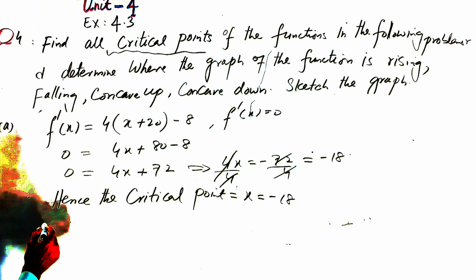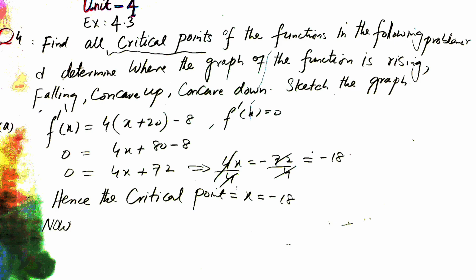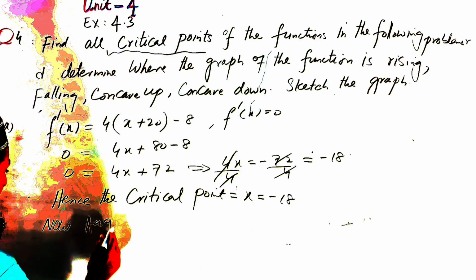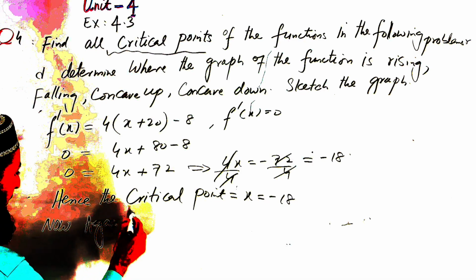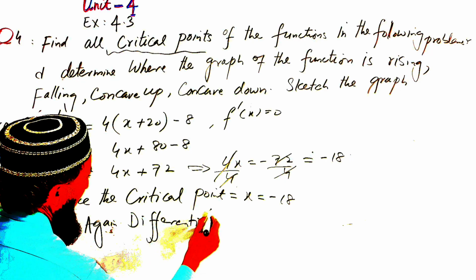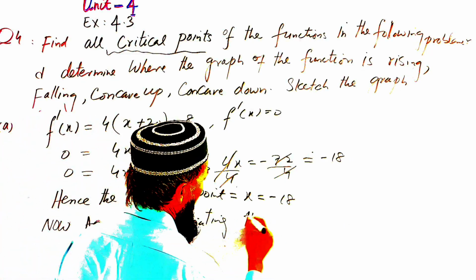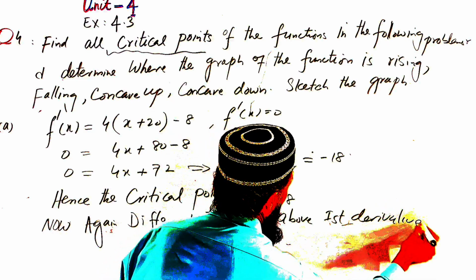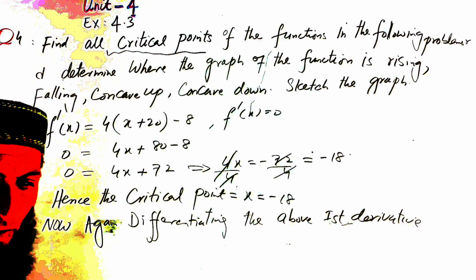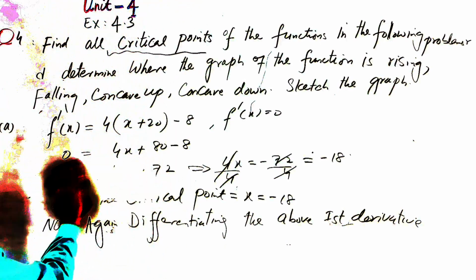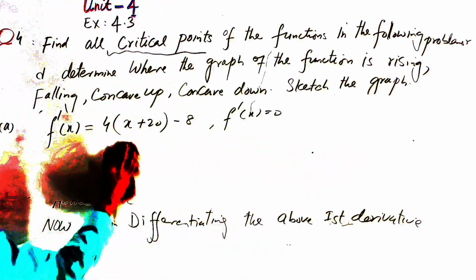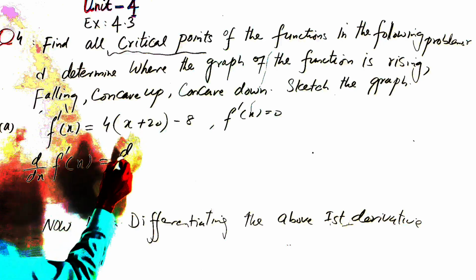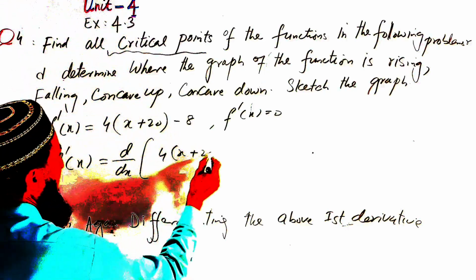We differentiate again the above first derivative. f dash x is equal to dy by dx of 4 into (x plus 20) minus 8.